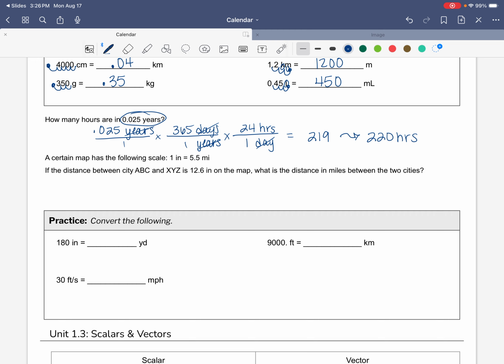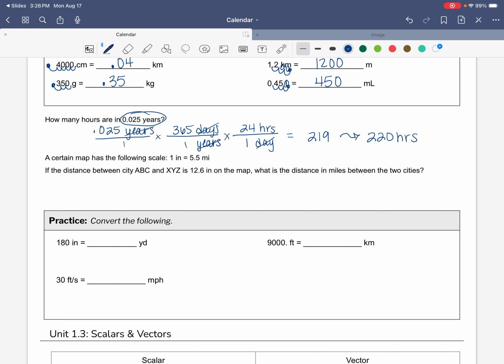Next one, a certain map has the following scales. They're basically giving us our own kind of made up conversion factor. For every inch, that is equal to 5.5 miles on this map. So if the distance between city ABC and XYZ is 12.6 inches on the map, what's the distance in miles between the two cities?